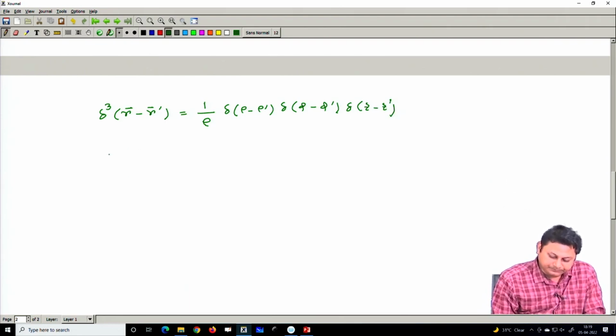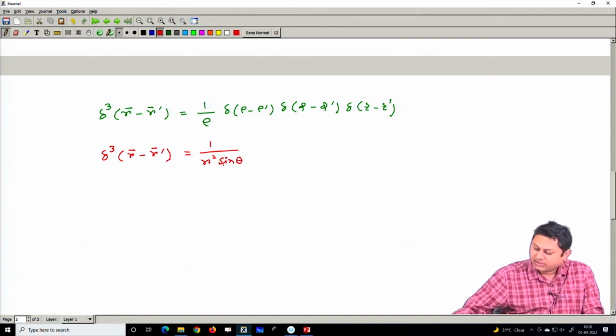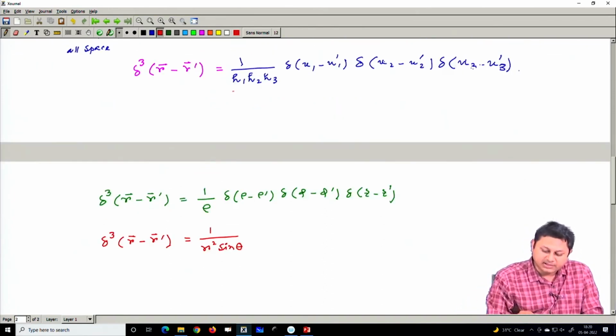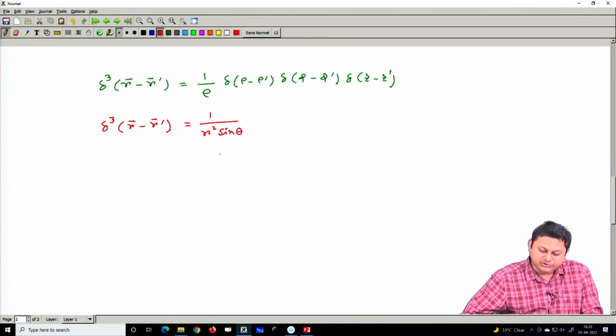In a similar way, in the spherical polar coordinate system, I can define this delta function having this 3-dimensional form, and there I should have 1 divided by r square sin theta, because of the scaling factor you need to calculate. If you go back here, the scaling factor is 1 divided by h1 h2 h3. So, h1 h2 h3 if you multiply in case of spherical coordinate, then it should be r square sin theta.